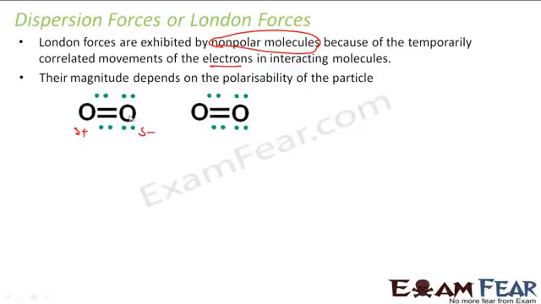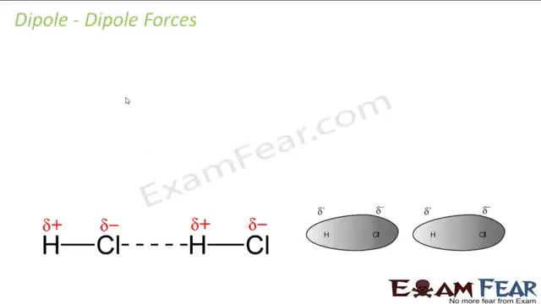In the neighbouring oxygen, the same happens. Between the slightly negative and slightly positive charges there is a force of attraction. This is London force. It is very weak, and its magnitude depends on the polarizability of the particles, here oxygen, because of the temporary movement of electrons.